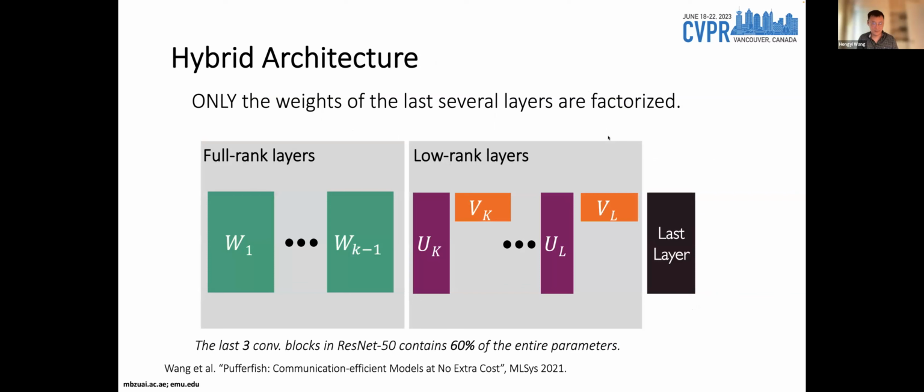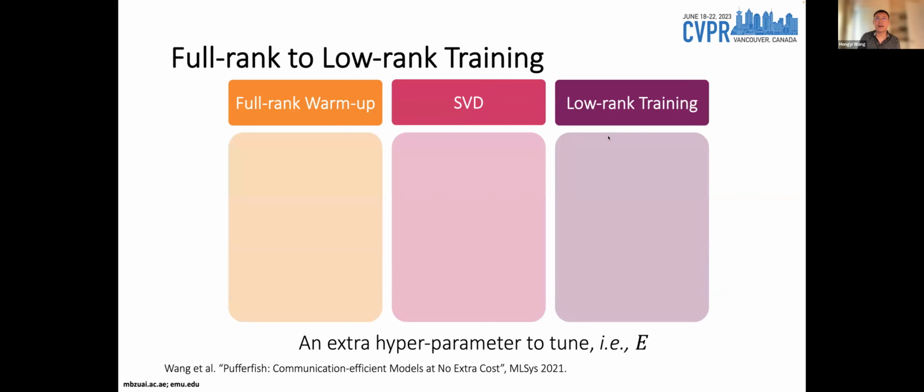It's also safer, without suffering a high accuracy drop. Another heuristic that turns out to work quite well in practice is, instead of starting with a low rank network, people can start from full rank training and then warm up.